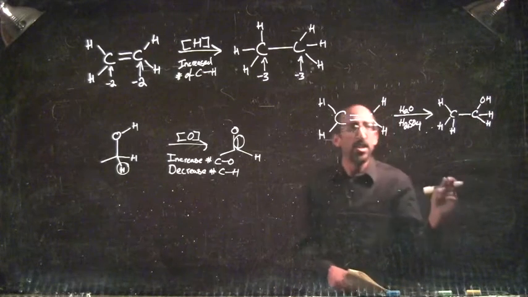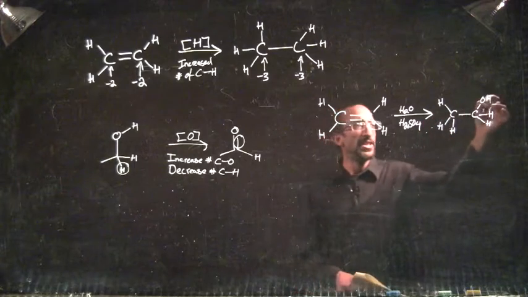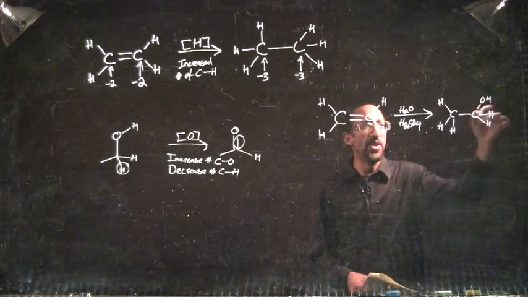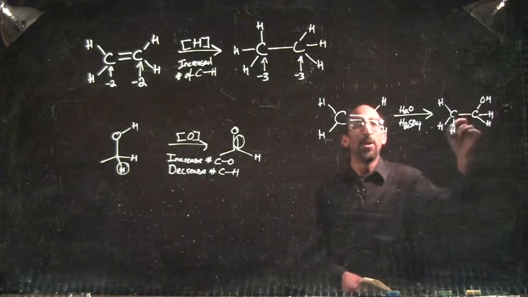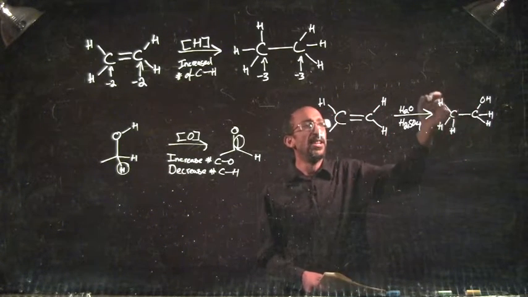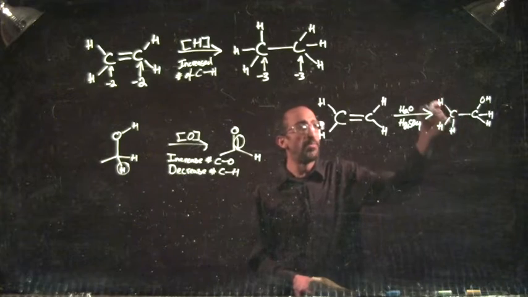Now, here I have increased the number of carbon-oxygen bonds by 1. We would want to think that this is an oxidation. But I've also increased the number of carbon-hydrogen bonds by 1.